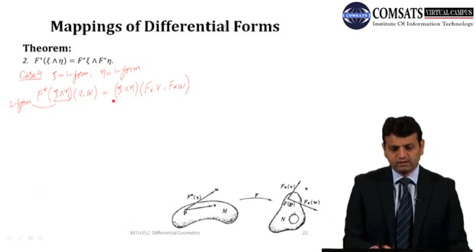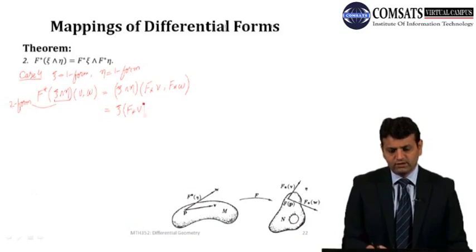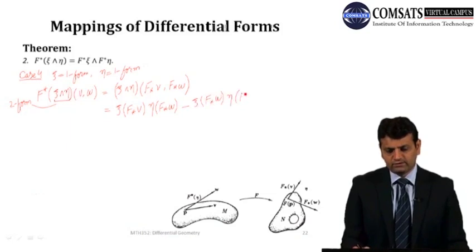Now we have seen how to define this two form. Now this is equal to xi of f lower star v eta of f lower star w minus xi of f lower star of w eta of f lower star of v.